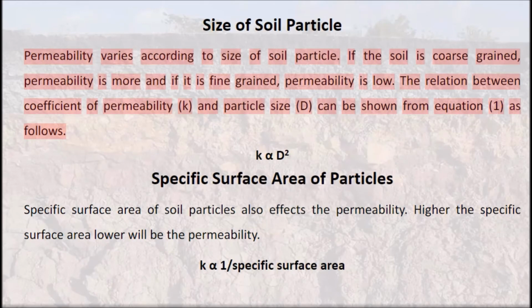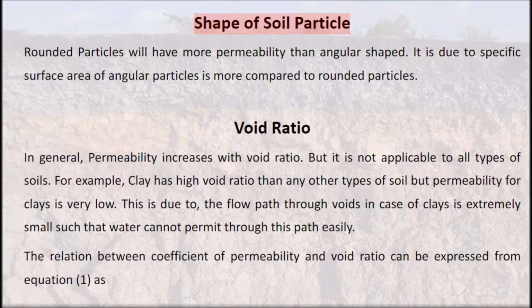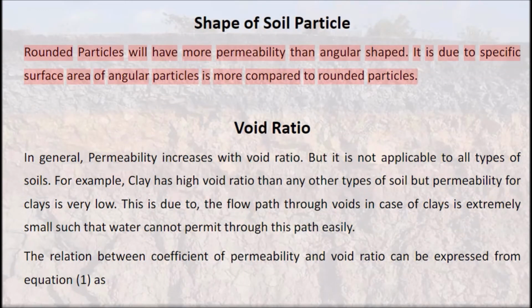Specific surface area of particles. Specific surface area of soil particles also affects the permeability. Higher the specific surface area, lower will be the permeability. k is proportional to 1 over specific surface area. Shape of soil particle. Rounded particles will have more permeability than angular-shaped. It is due to specific surface area of angular particles being more compared to rounded particles.